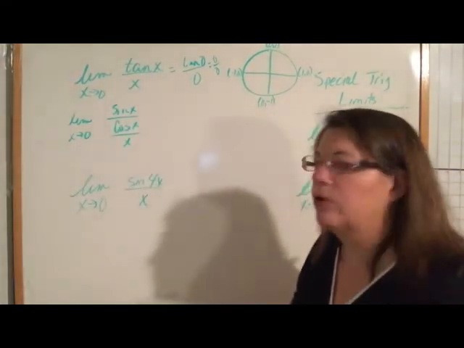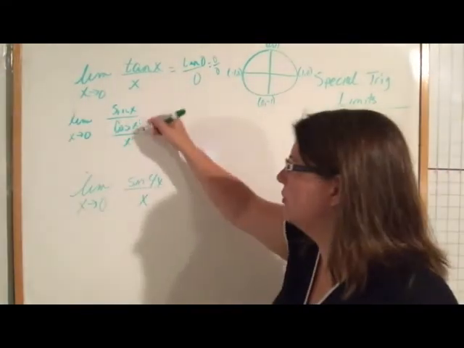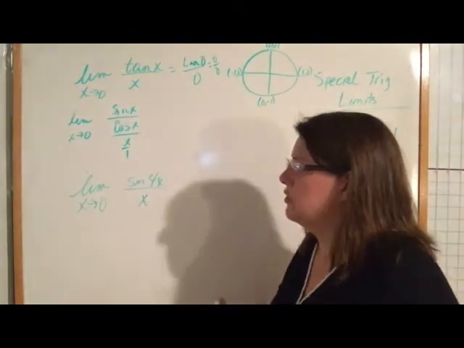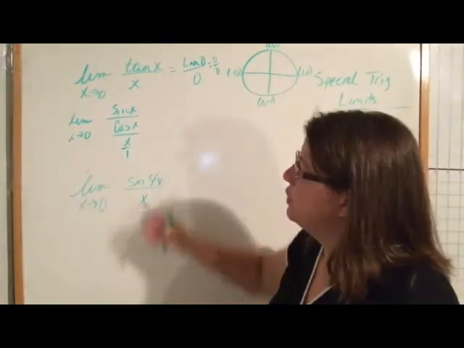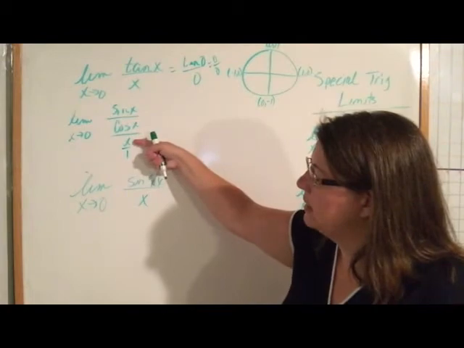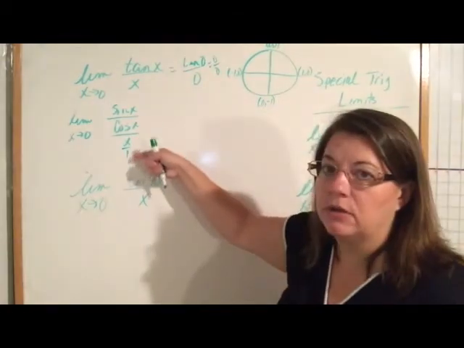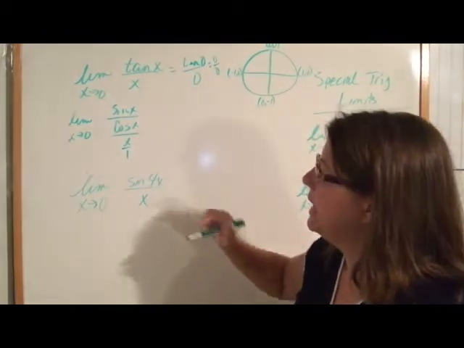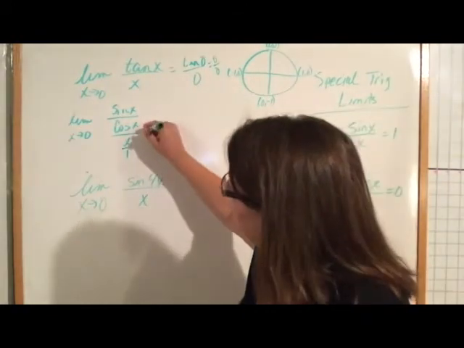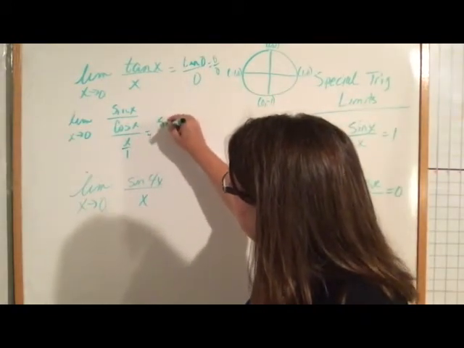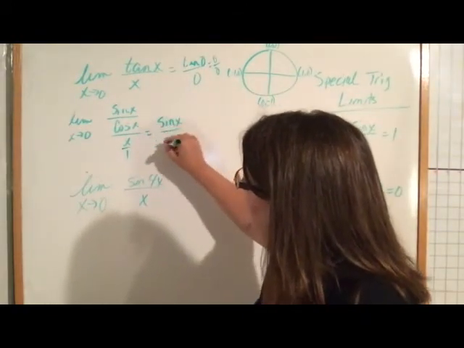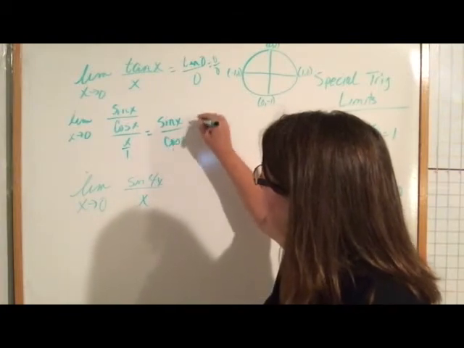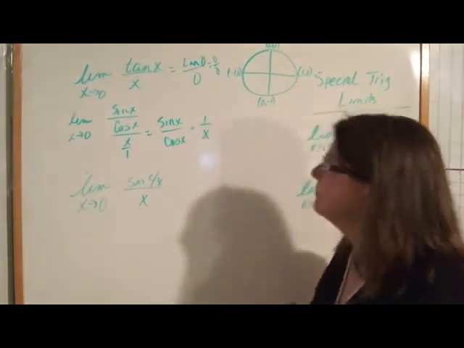Now, hopefully you understand from algebra and from division of fractions that if you have something over x, that x is understood to be a fraction of x over 1, and then I can rewrite that as sine x over cosine x times 1 over x, okay?